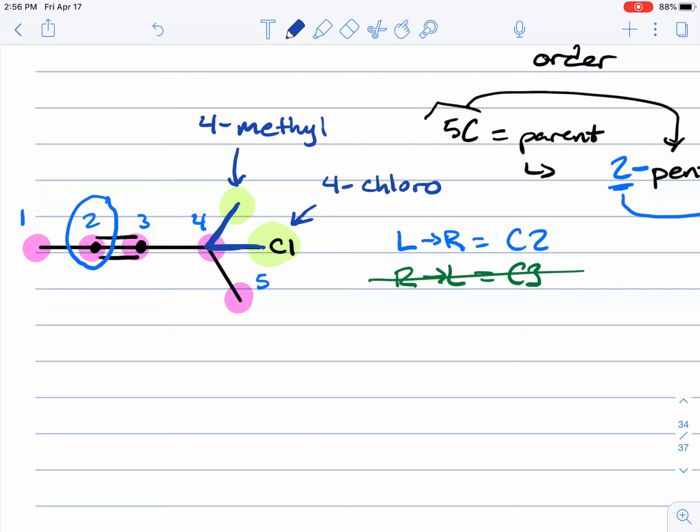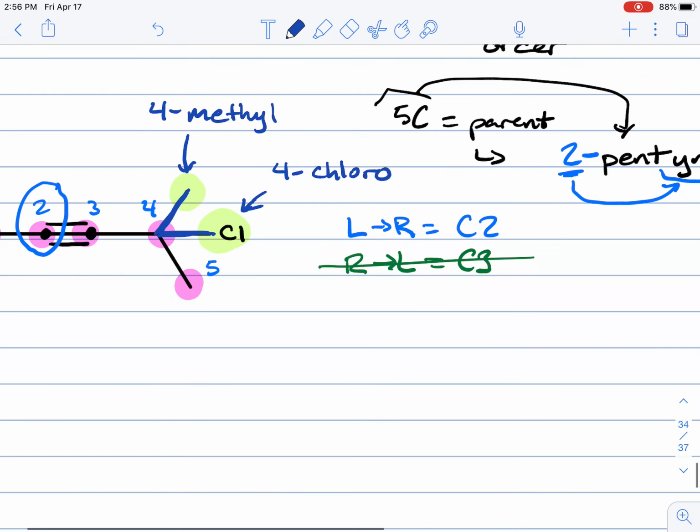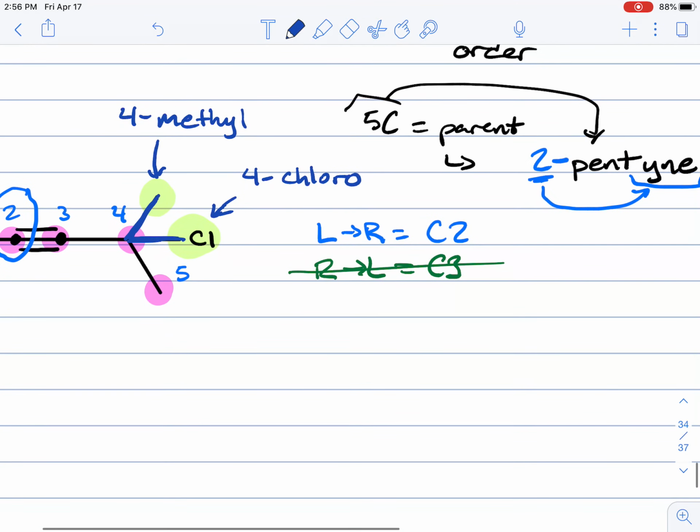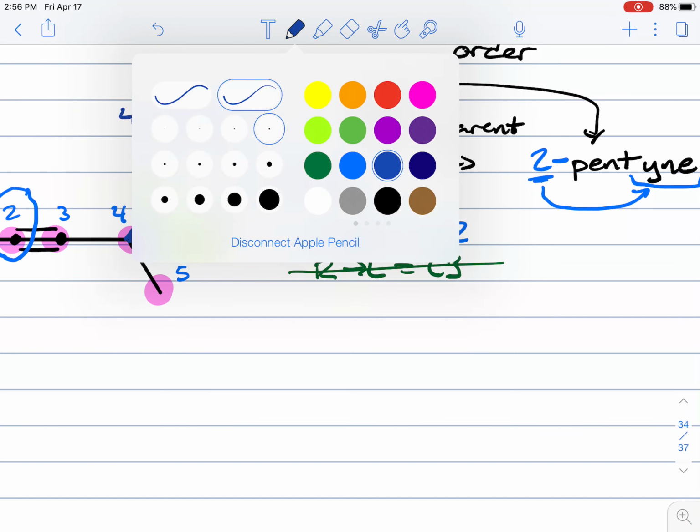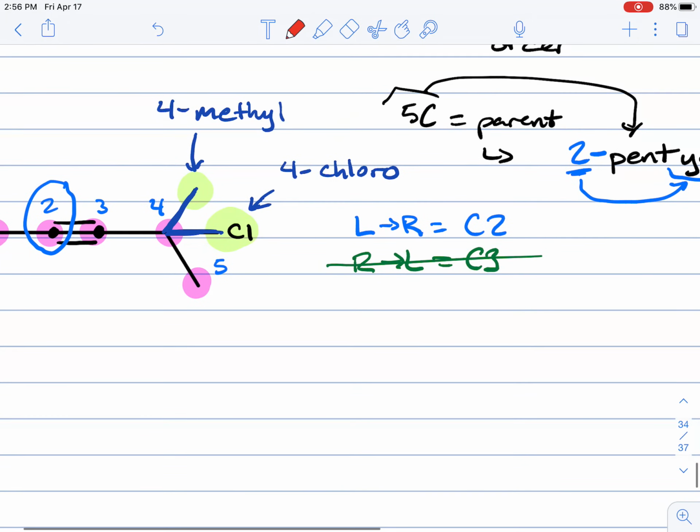Now that I've named all the pieces, I need to put them together correctly. And so here I see that chloro has a C, methyl starts with an M, and those are our 2 substituents. And so we're probably going to have to name this one first because C is closer to the beginning of the alphabet.